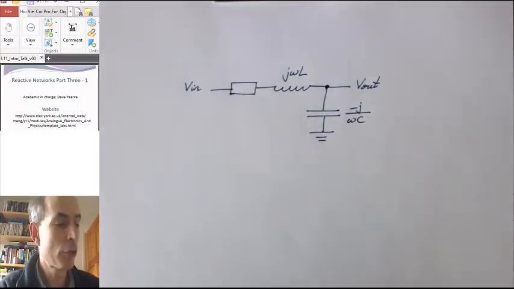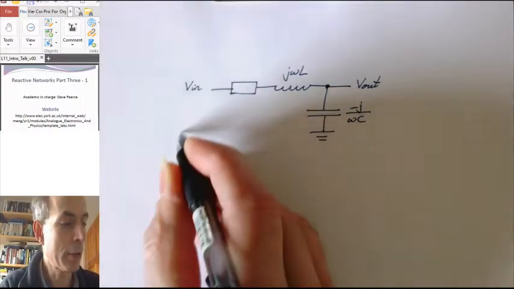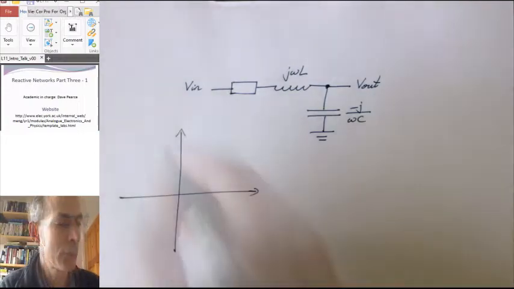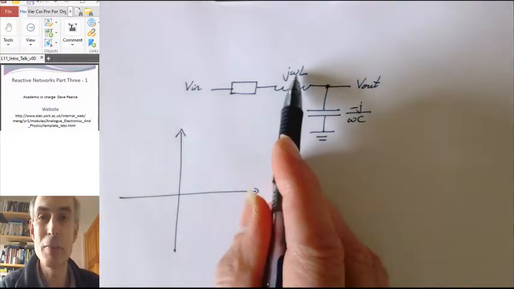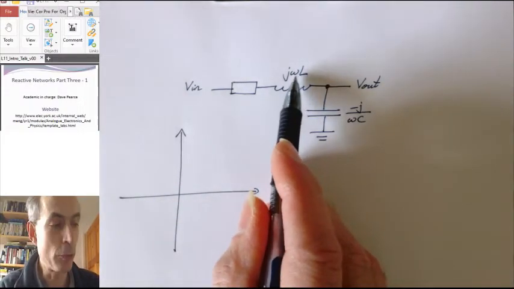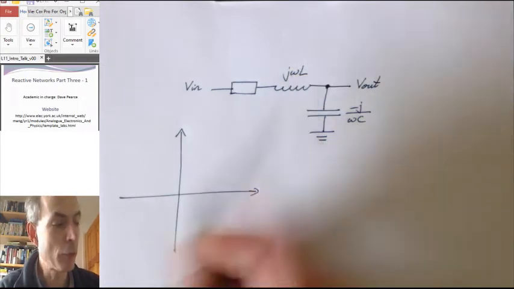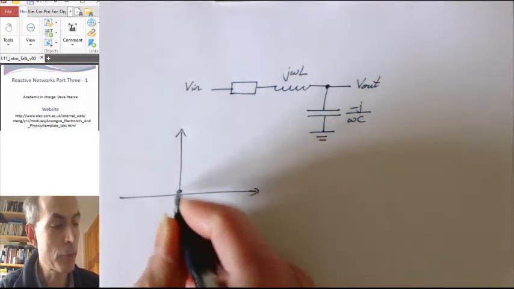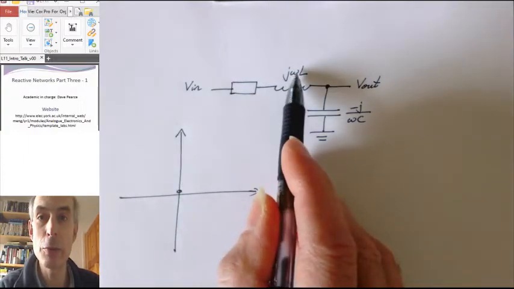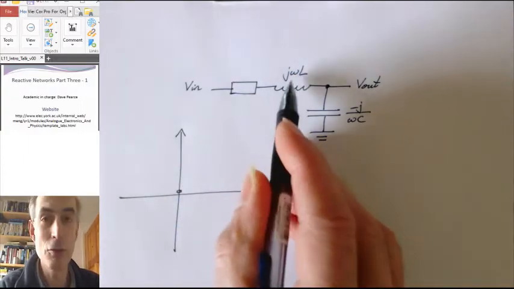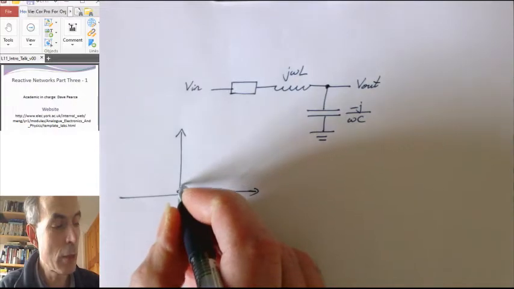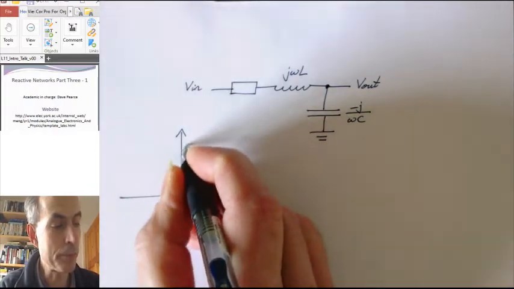So if you think about that on an Argand diagram, the impedance of an inductor starts off at low frequencies at a very low positive imaginary value, somewhere around here perhaps, and as the frequency increases, the impedance of the inductor will increase up the imaginary axis.